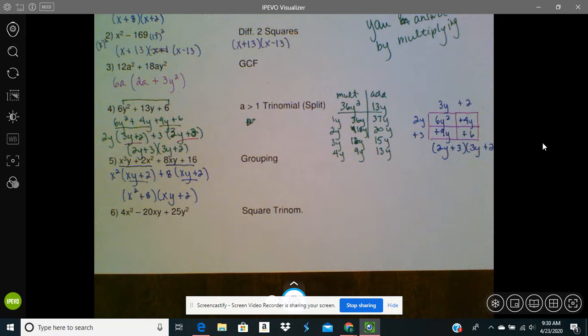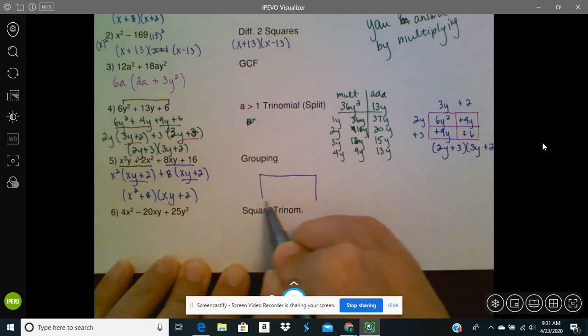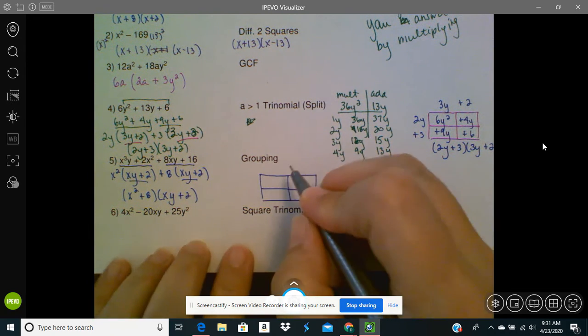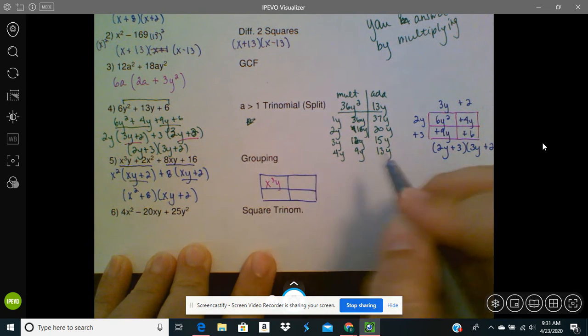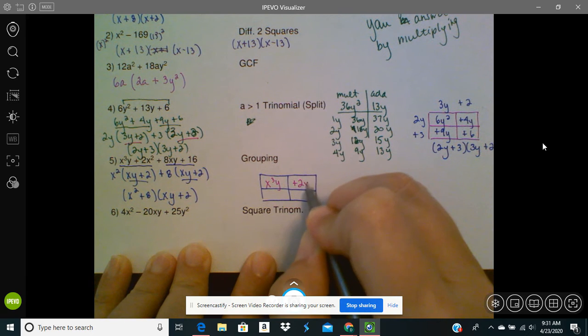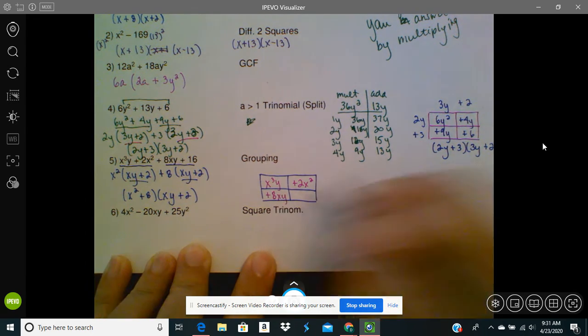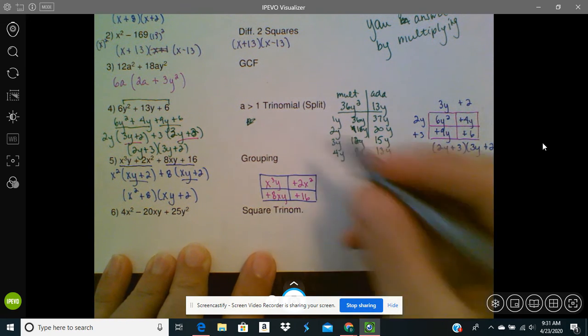Do you want to see it in a box? Because you can. All right, so I'm going to take those 4 terms. I'm going to place each of those 4 terms in one of the squares. So we have x cubed y plus 2x squared plus 8xy plus 16. Okay, look at this column.